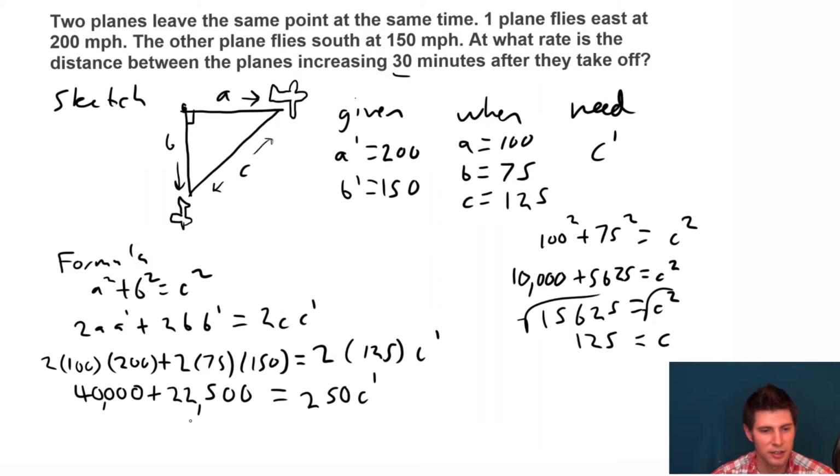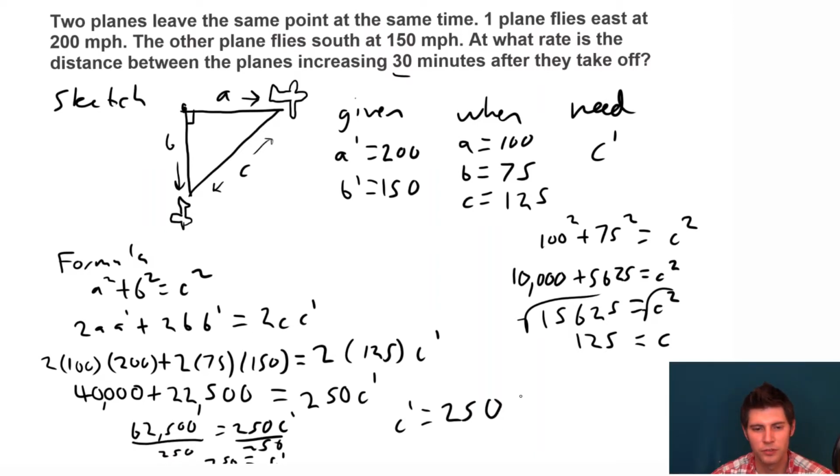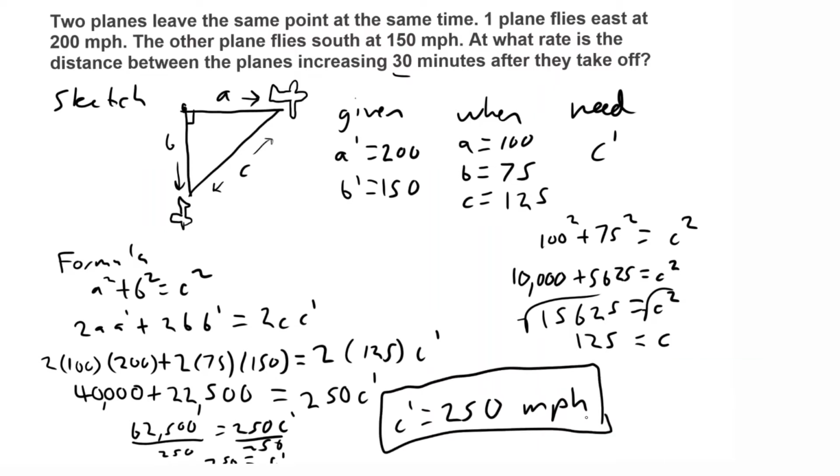So now add these two numbers and we get 62,500 equals 250 C prime. Divide both sides by 250 and you get 250. So C prime is equal to 250, and that is going to be miles per hour. And that's that one.